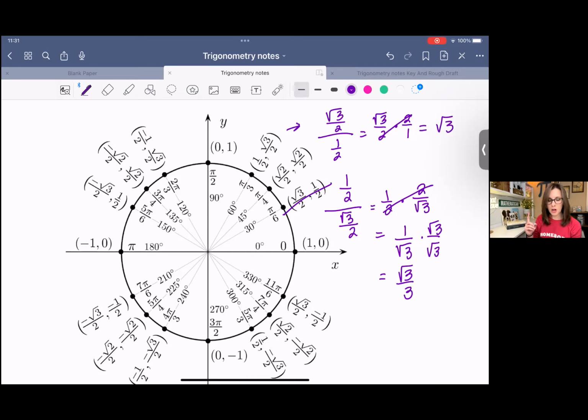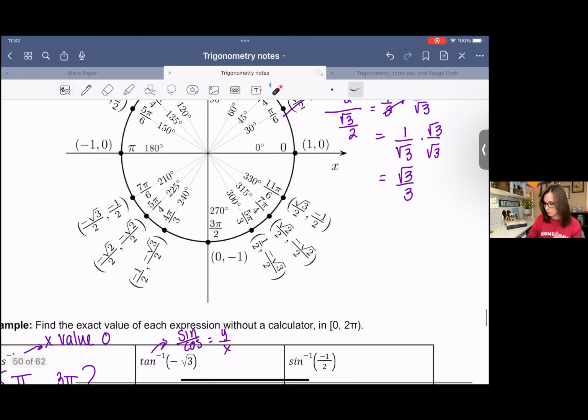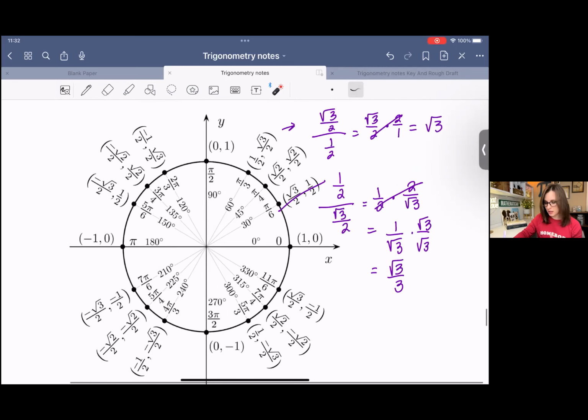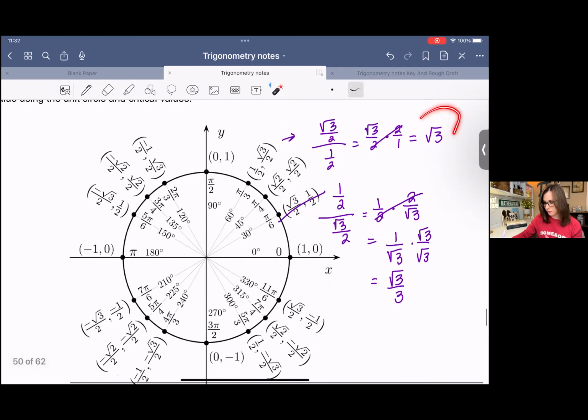So we're focusing on the angles that have this coordinate point, but remember that in the original problem, it's a negative square root 3.